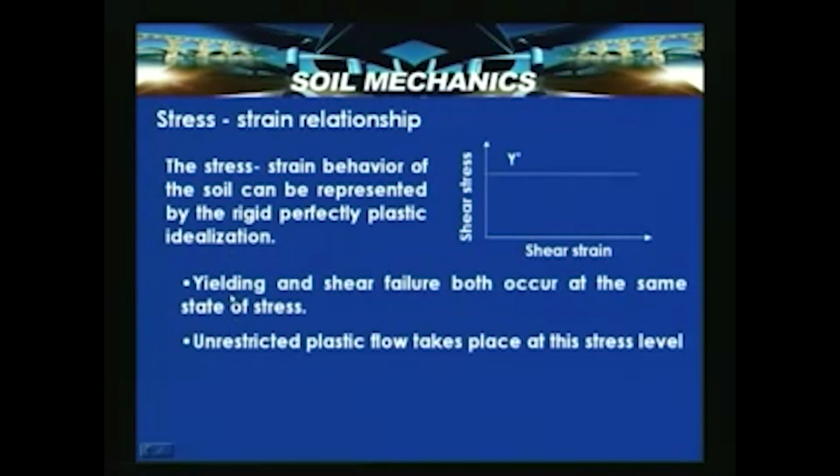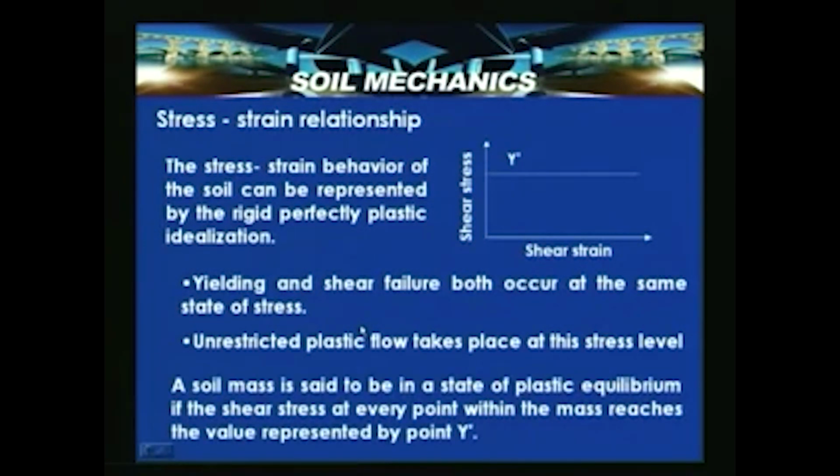That means yielding and shear failure both occur at the same state of stress, and unrestricted plastic flow takes place at this stress level itself. This state, indicated here by y dash, is said to have reached plastic equilibrium. A soil mass is in a state of plastic equilibrium if the shear stress at every point within the mass reaches the value represented by point y dash.